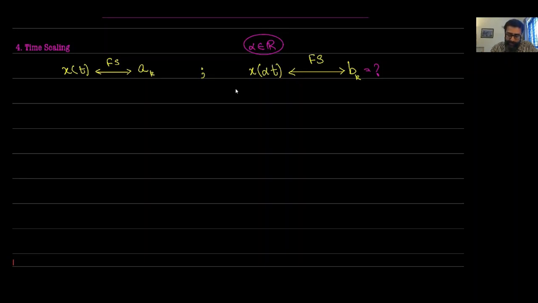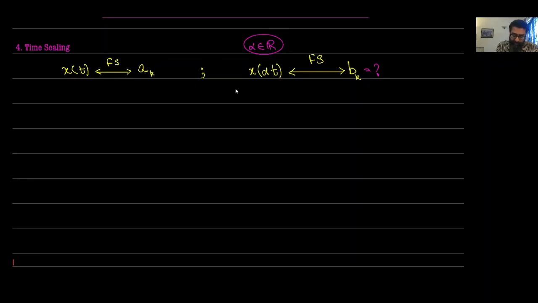One of the things you should observe is that, as opposed to the previous properties we've seen, the period of x of alpha t does not remain the same as that of x of t. In fact, it is scaled by alpha.